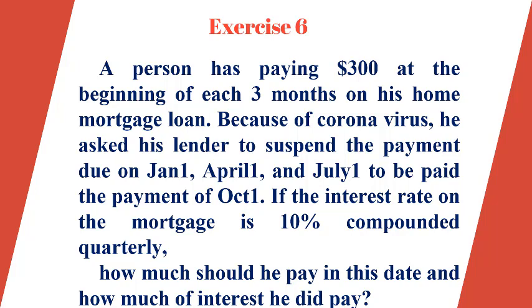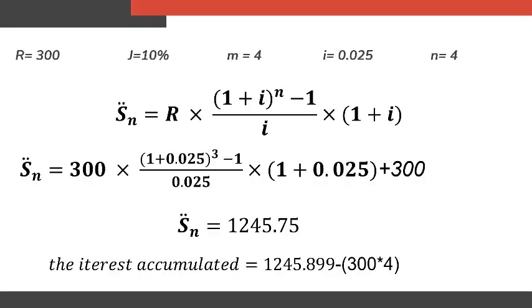Then we will add the payment of October 1 to the result from the previous step. We have R equals 300, J equals 10%, M equals 4. Note that we have 4 annuities, N equals 4.